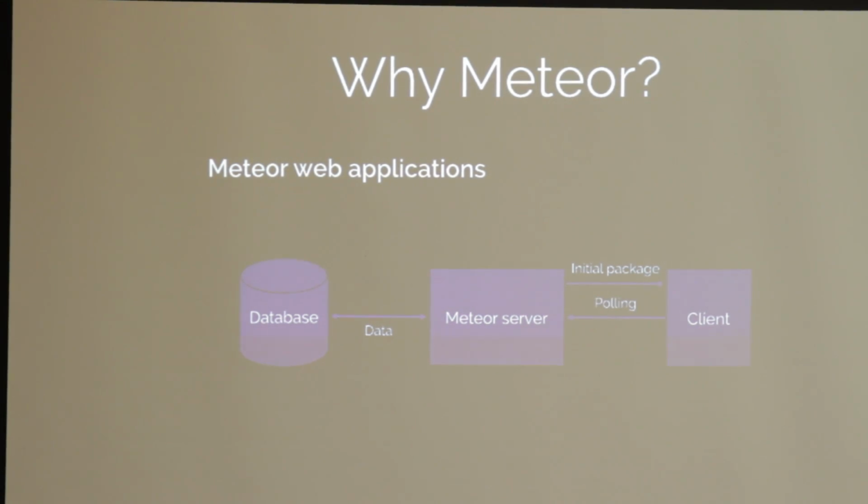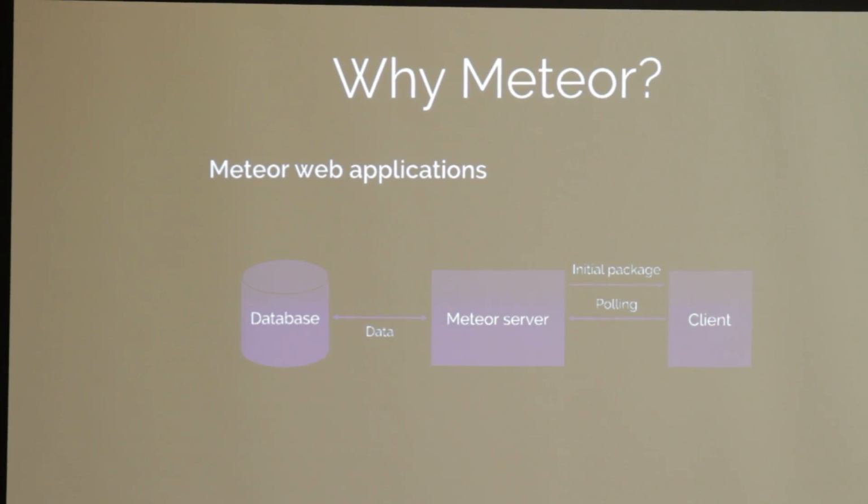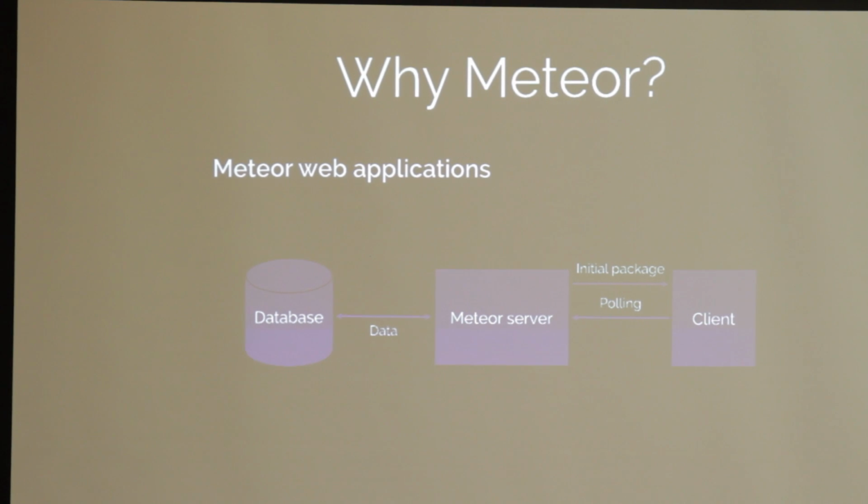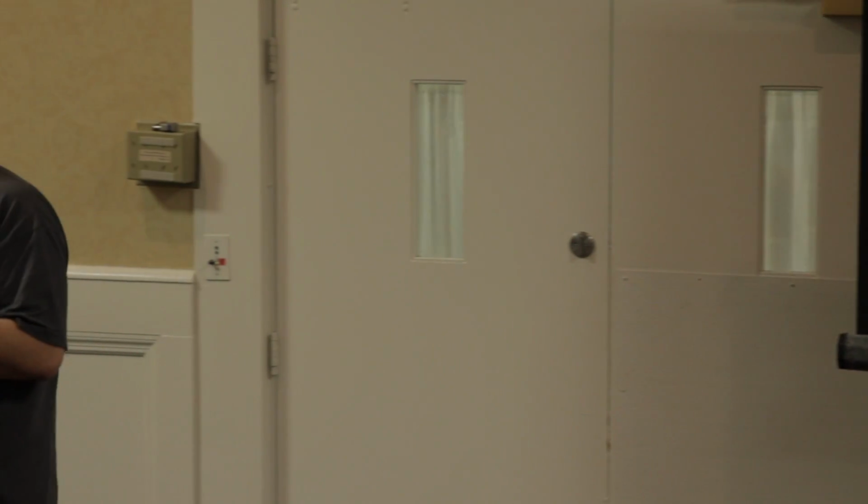The client subscribes actually to data collections in MongoDB, and it's monitoring changes. And now there's an option to turn on oplog capabilities of MongoDB, which means that as soon as something changes in the database, Meteor doesn't actually have to poll. It actually pushes it straight back all the way into the client.